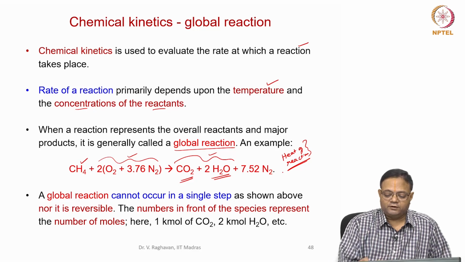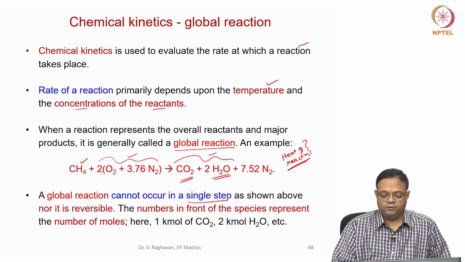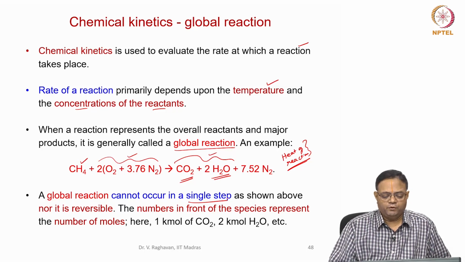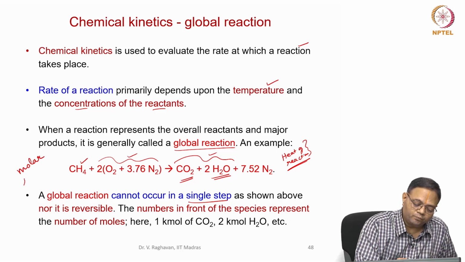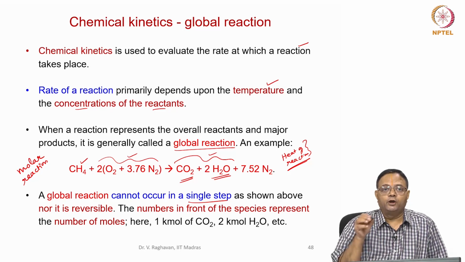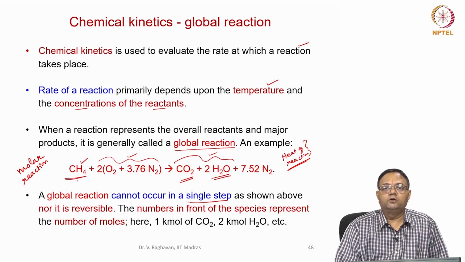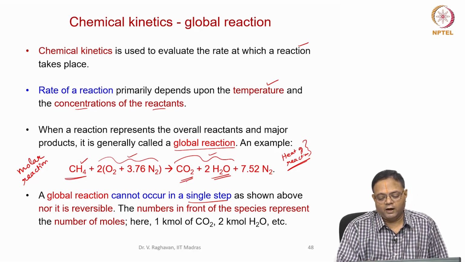Second, this reaction cannot occur in one single step. Even though it is written like this, it cannot occur. Basically, we can say that a global reaction is a molar reaction. We write this in terms of kilomoles of the species. 1 kilomole of methane reacts with 2 kilomoles of O2 and forms 1 kilomole of CO2 and 2 kilomoles of H2O.